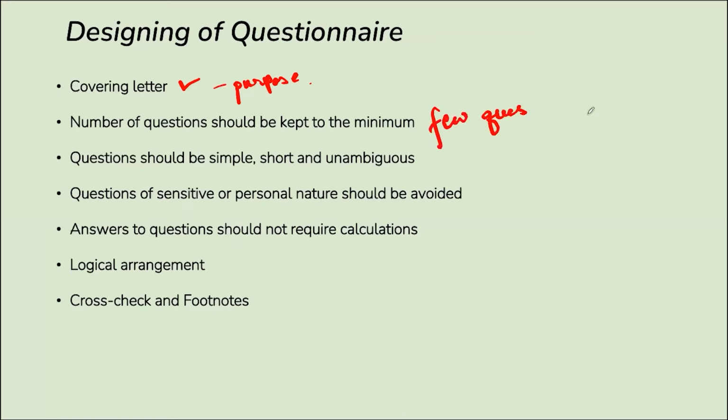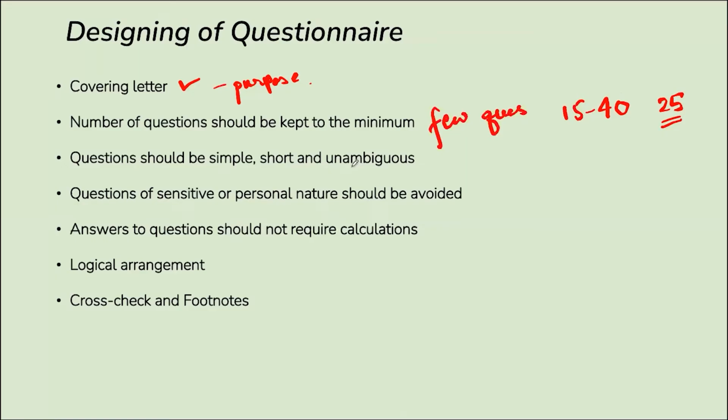He will not feel interested in answering the questions, and he may provide inaccurate answers. So the number of questions should be kept to a minimum. Ideally, the number of questions should be between 15 to 40. Even if the questions are more than 25, they should be divided into various parts to ensure clarity.